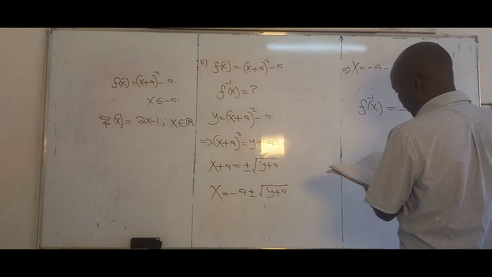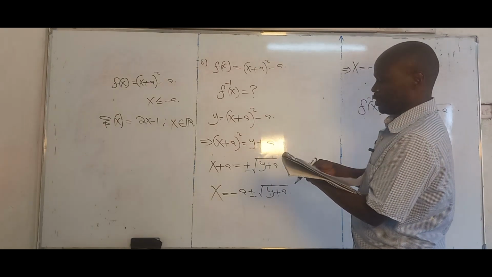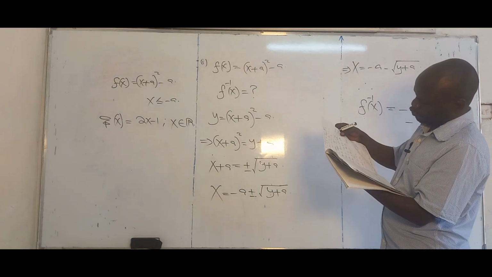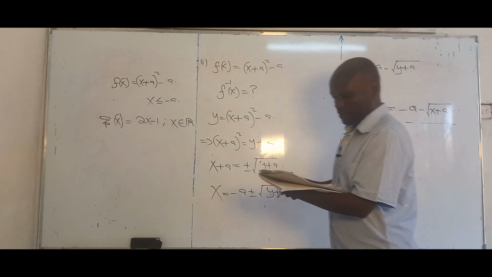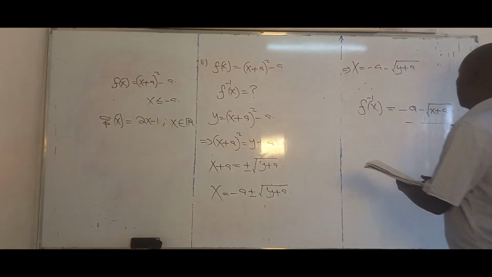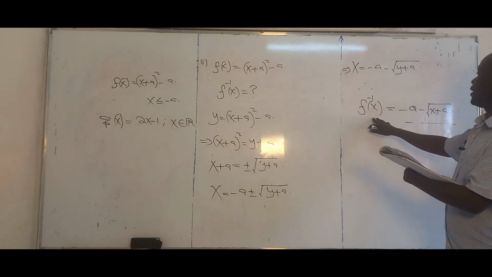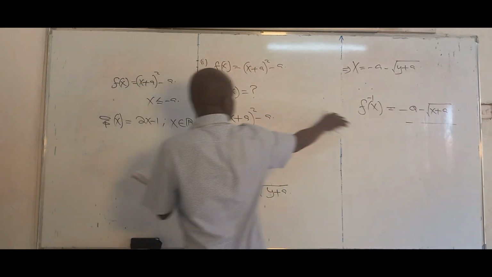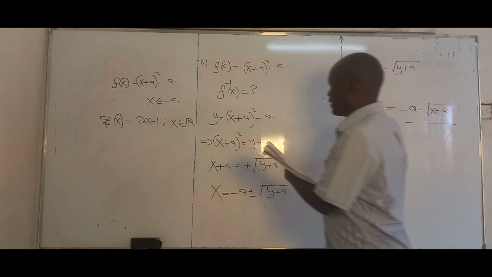Part B1. State the domain of the function f inverse. That's 1 mark. So here we see that this is the inverse of this, and this is the inverse of that.